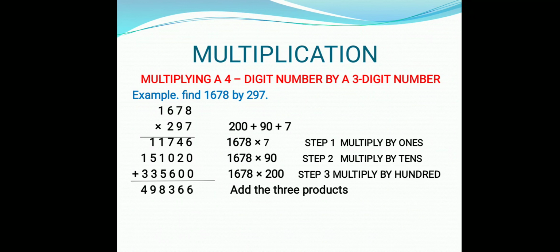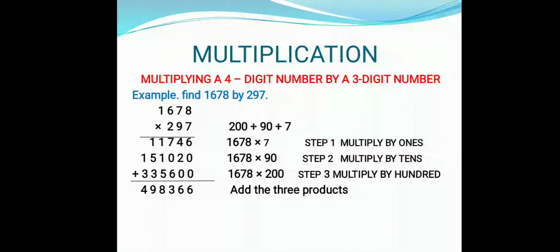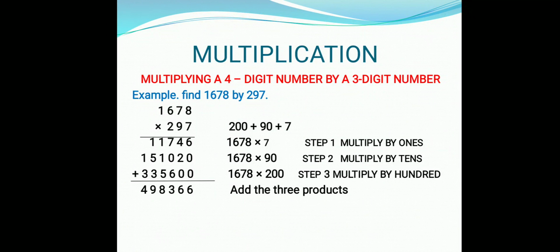7 into 7 is equal to 49. Add 5 which was carried over. The sum becomes 54. 4 will be written in tens column and 5 will be carried over. 7 into 6 is equal to 42. Add 5 in it.